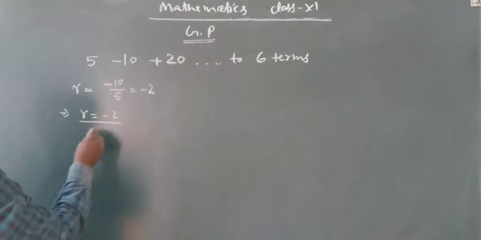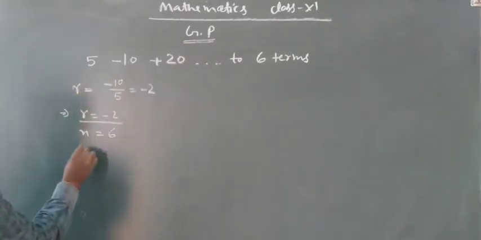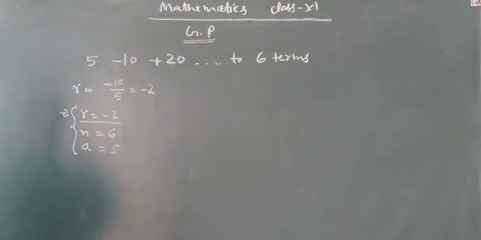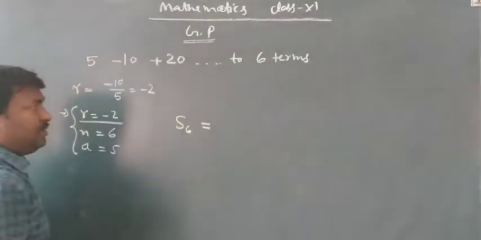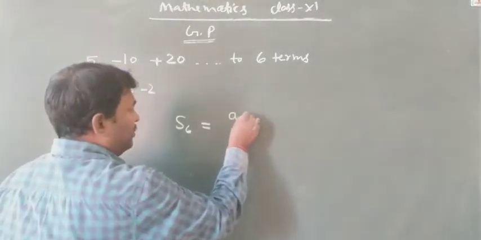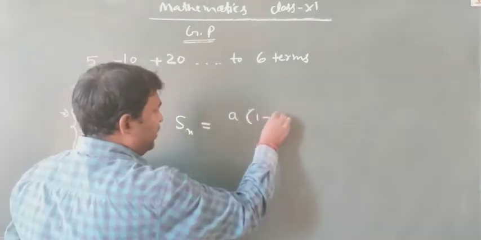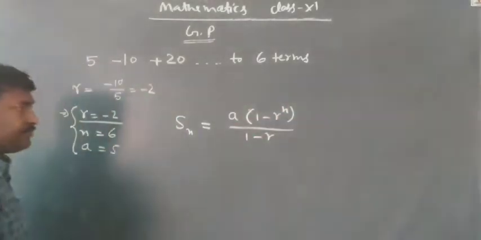The value of r is known now. Total sum of n terms, n is 6. First term a is 5. So a, r and n are all known. Now you have to find the sum of 6 terms of the GP. Since you know, for n terms, the sum is a times (1 minus r to the power n) upon 1 minus r.